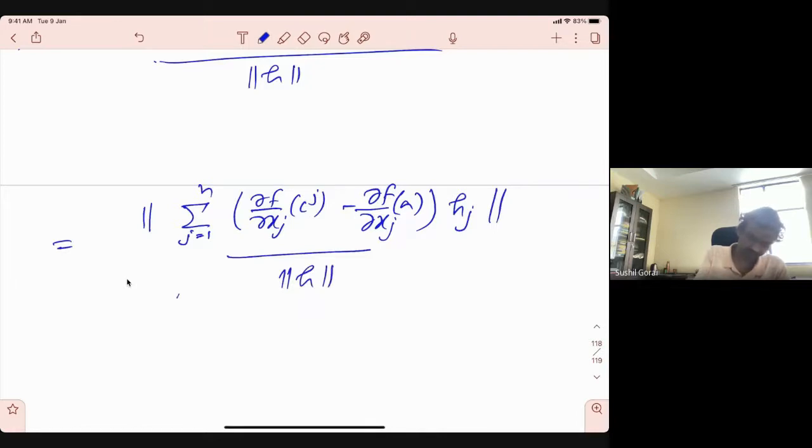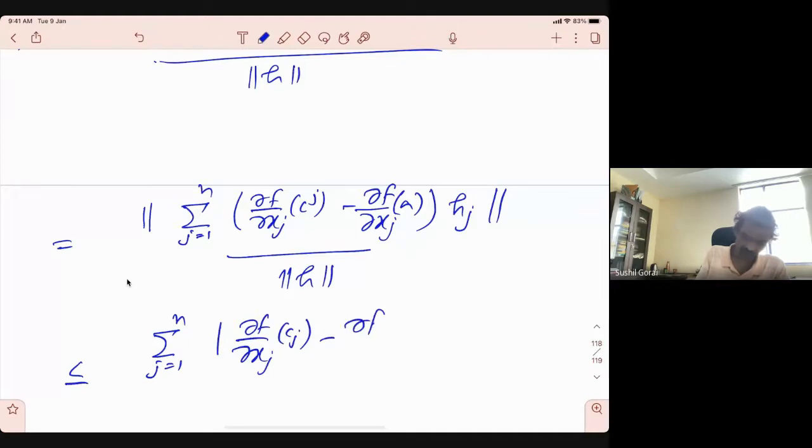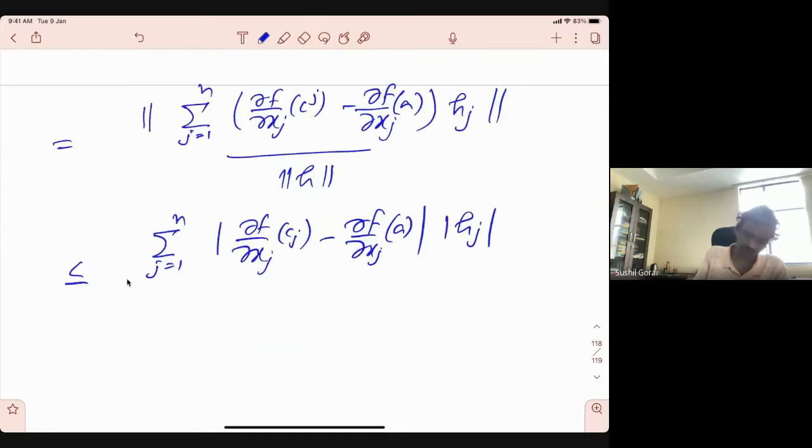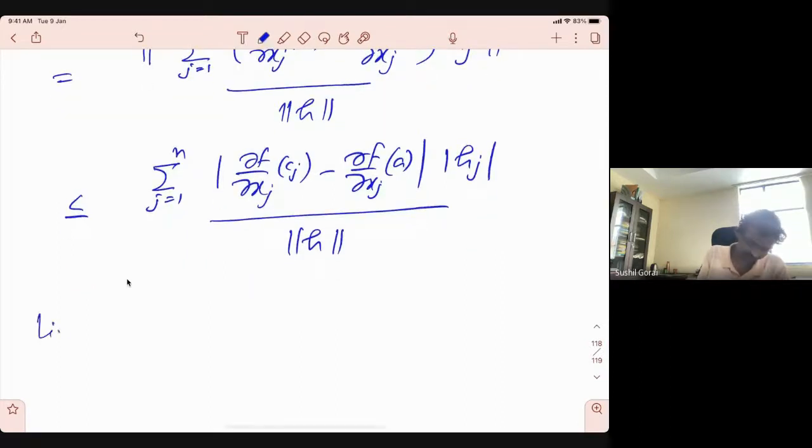Now we use the triangle inequality: less or equal to summation j from 1 to n of mod of del f by del xj at cj minus del f by del xj at a, times mod of hj by mod h. Now you take the limit h tends to 0.